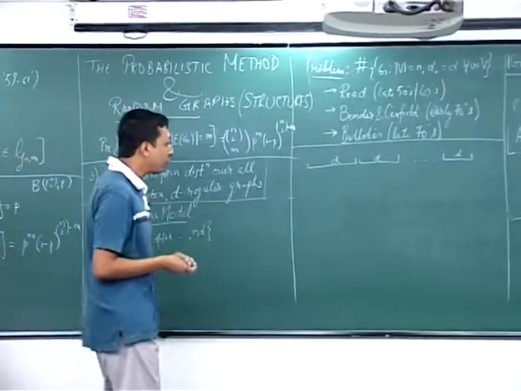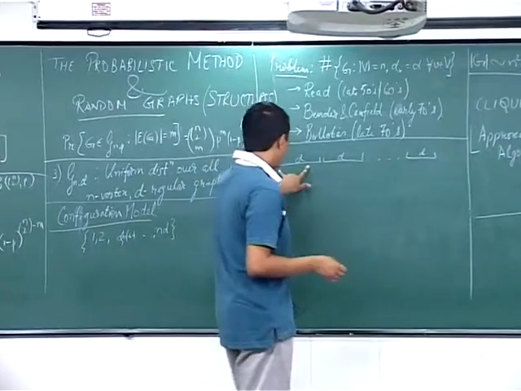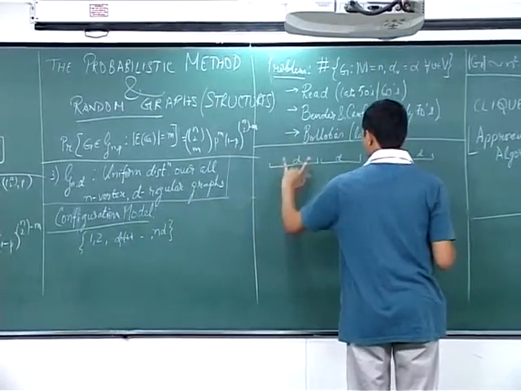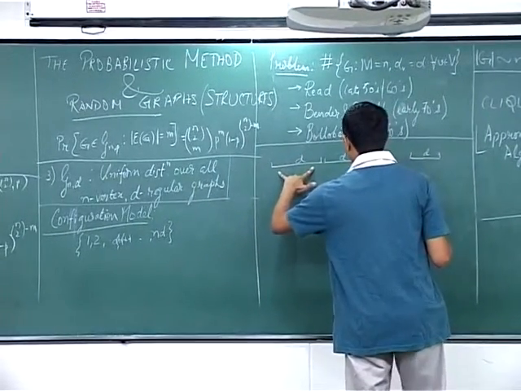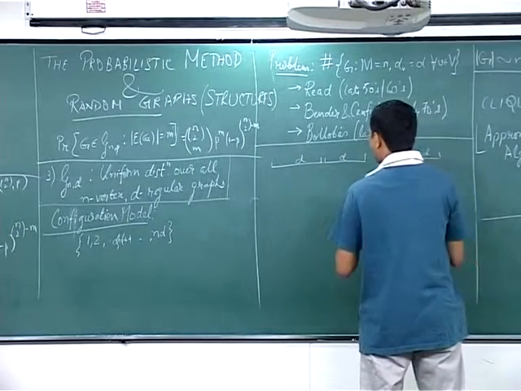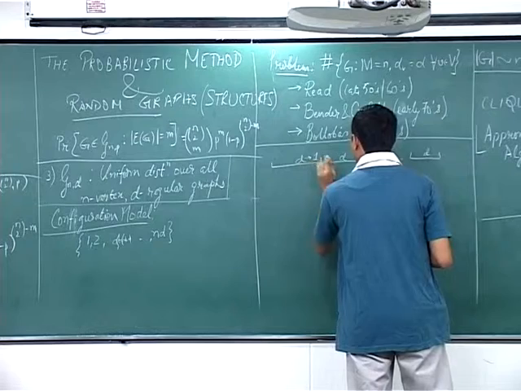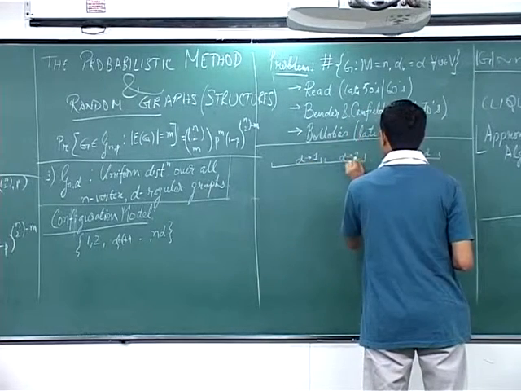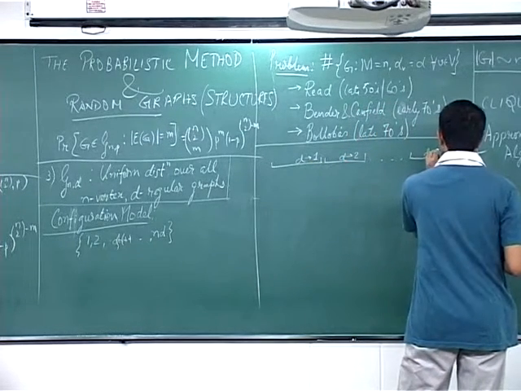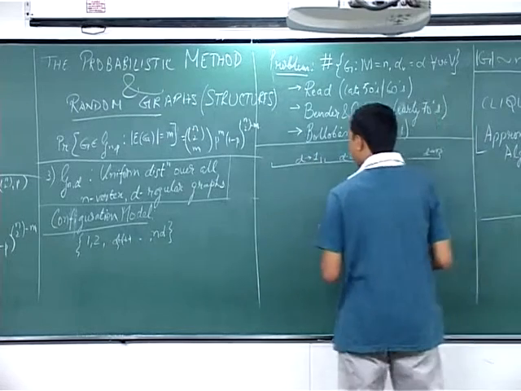So this is before you take the random permutation. This corresponds to vertex 1, this corresponds to vertex 2, and this corresponds to vertex n.